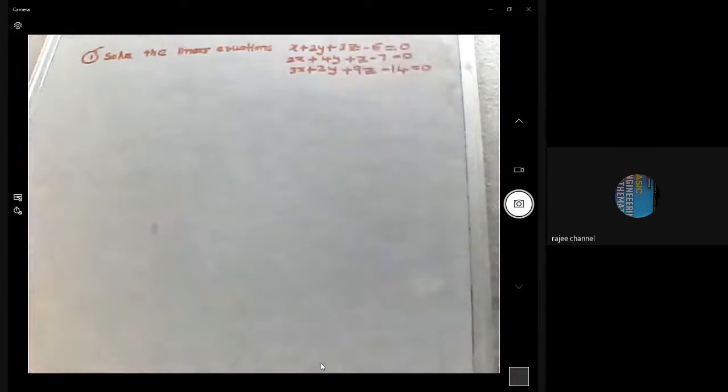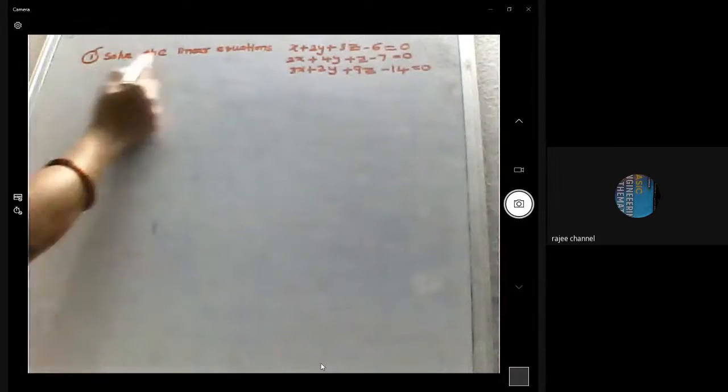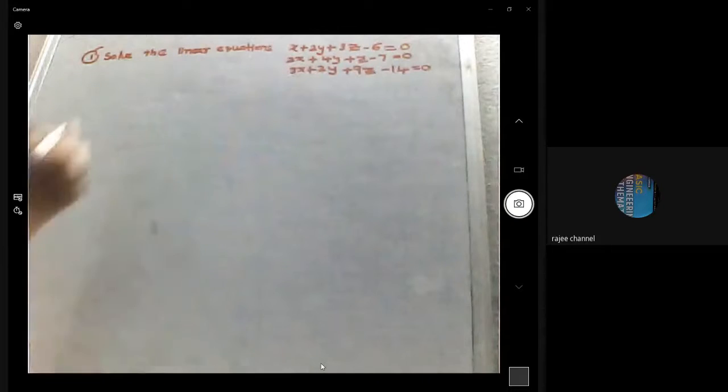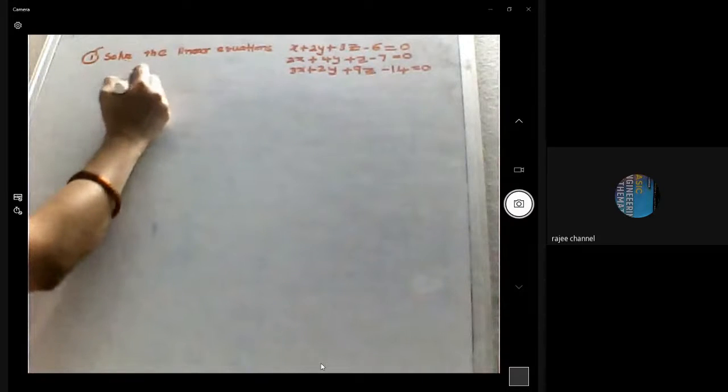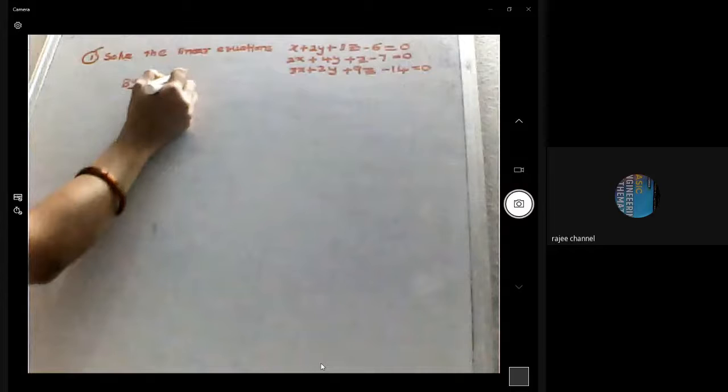These are the linear equations. You can find the solution of these linear equations by Cramer's rule.